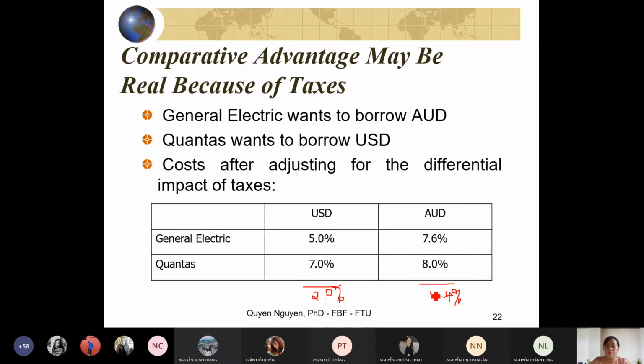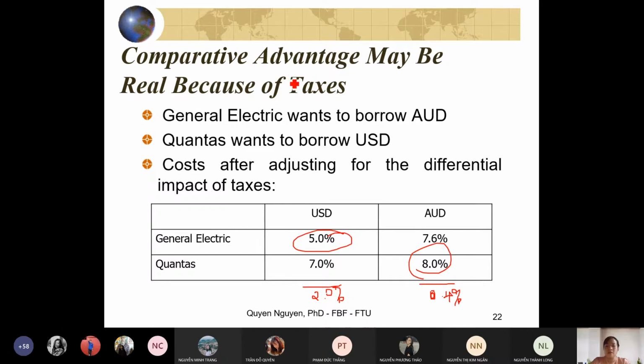So the difference between US dollars and Australian dollars, obviously GE will have comparative advantage over the USD. While for Qantas, the difference between the two corporations' offers is lower. So Qantas, as you can see, will have the comparative advantage over Australian dollars.